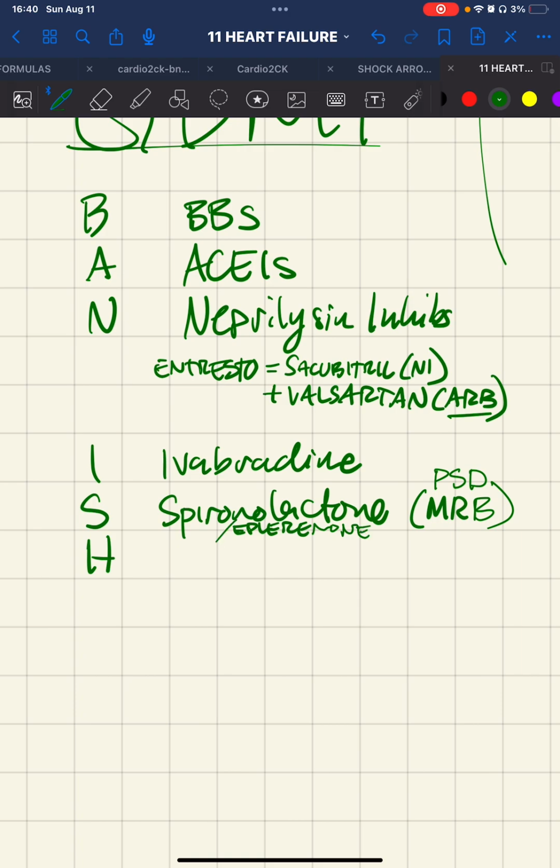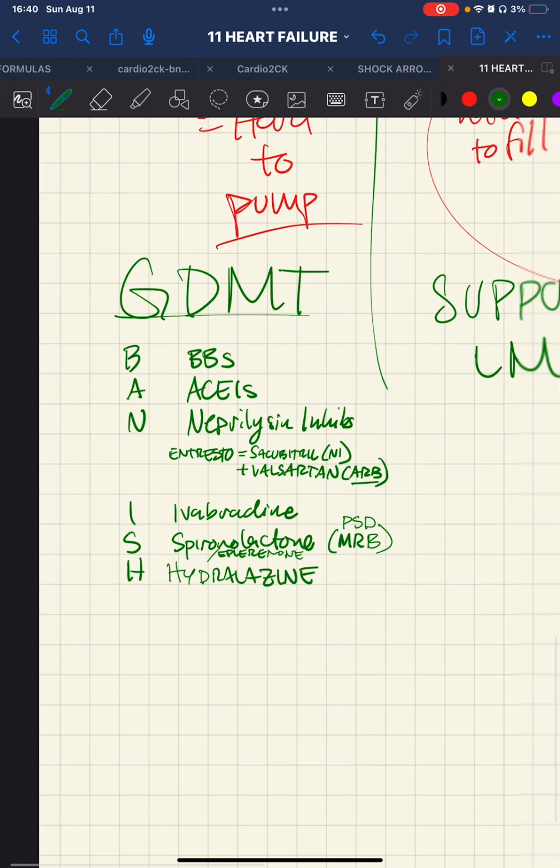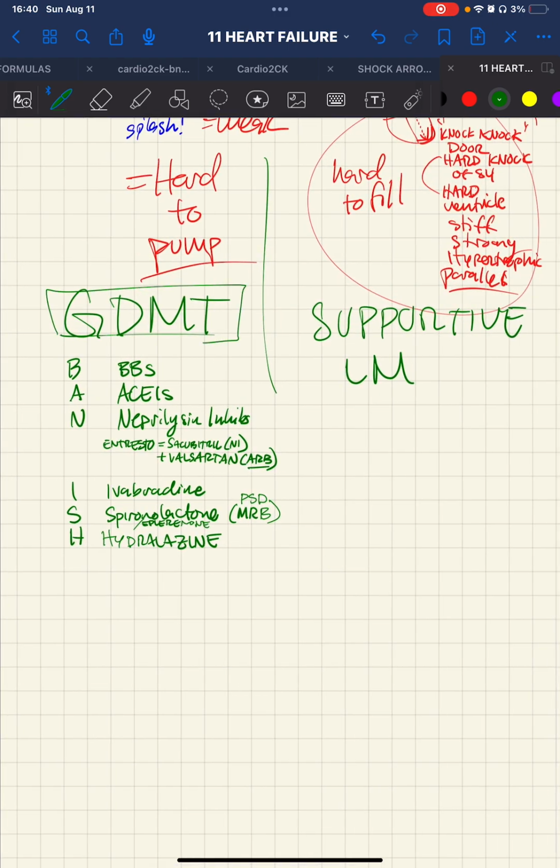And then finally we have hydralazine. And these are all the life-saving, goal-directed medical therapy for reduced ejection fraction.